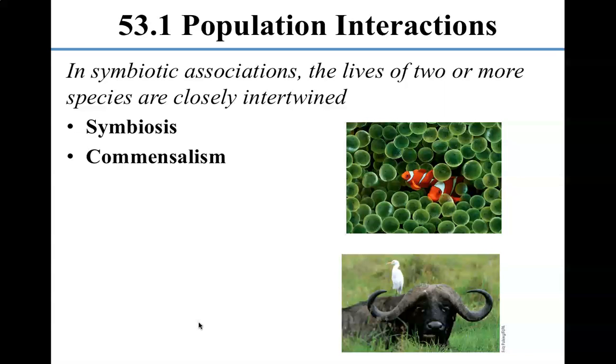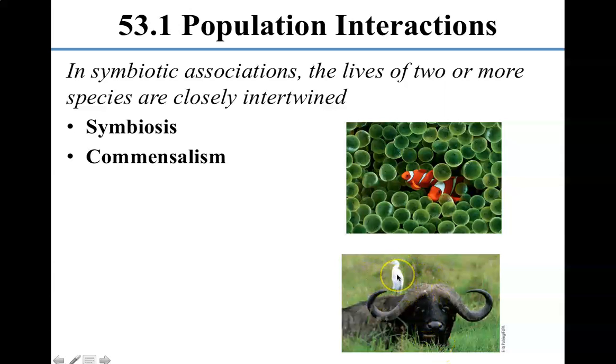In commensalism, one species benefits and the other experiences neither benefit nor harm. This is going back to the raccoon example I used earlier. Maybe a better example is here. This is a cattle egret, a type of bird, and this is an American buffalo.